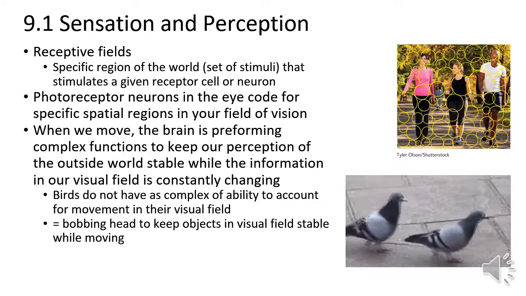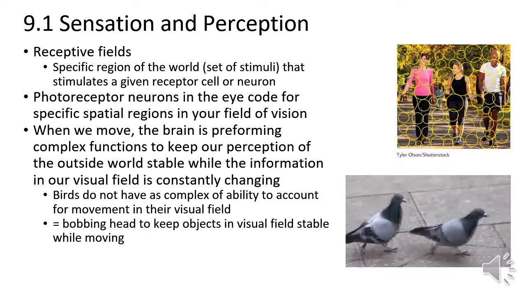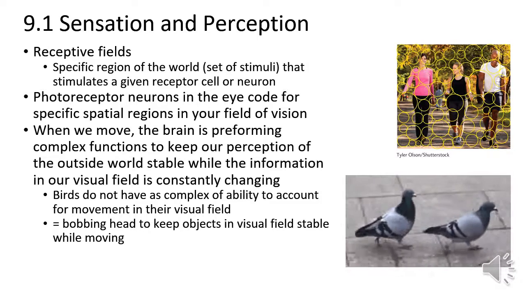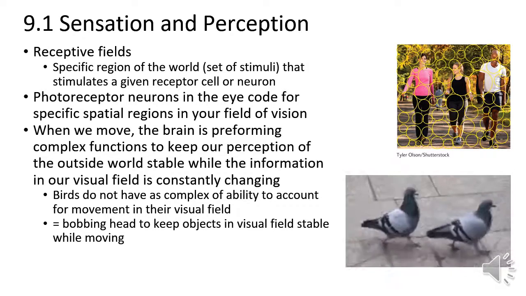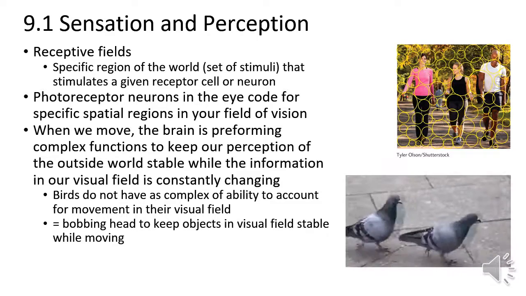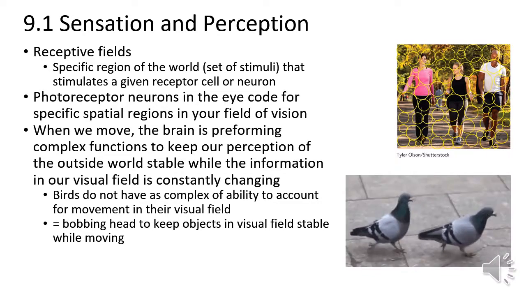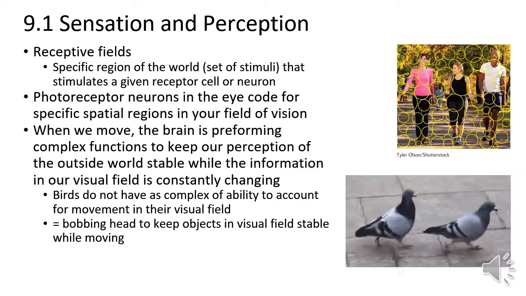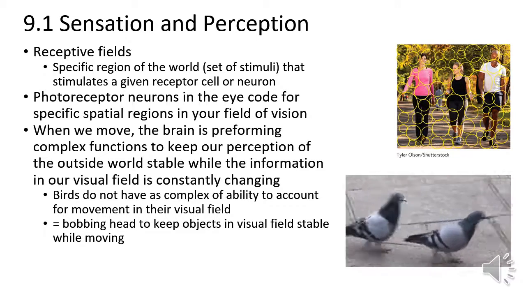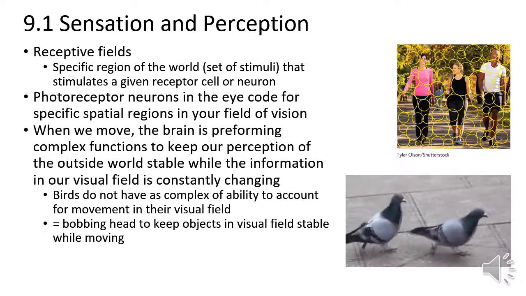Maybe if you've ever been sitting on one train and another train leaves, this can probably happen in a car or a bus as well, you might start feeling like you're moving backward. This is just one example of the visual system being tricked, and of the complexity of keeping us perceiving the world as it is, as opposed to incorrectly perceiving the world.